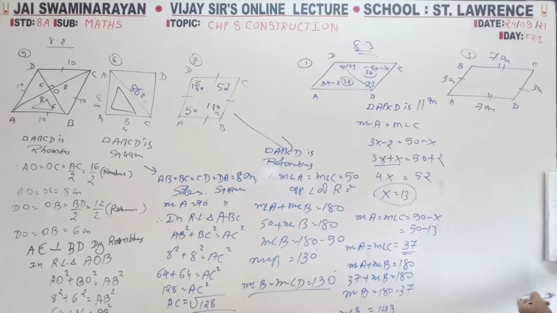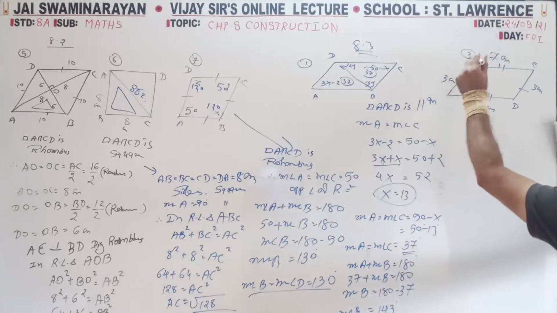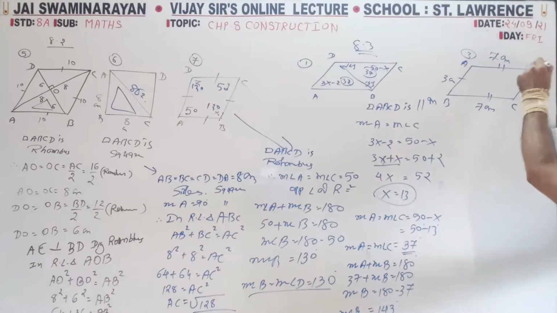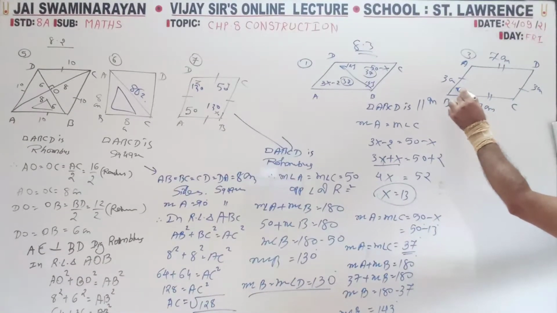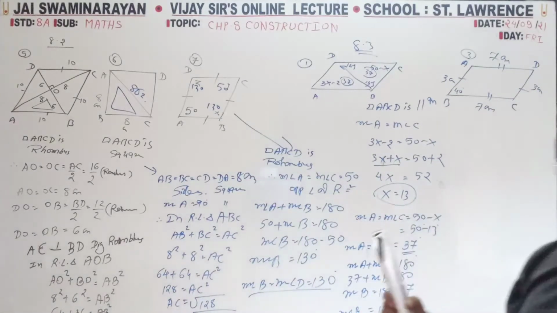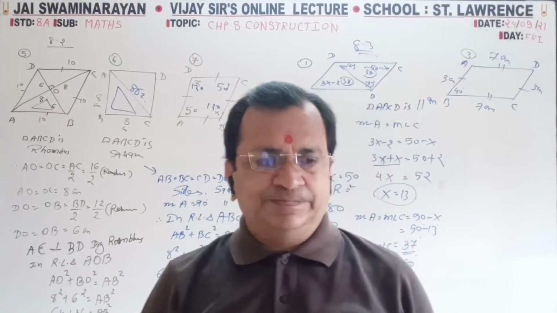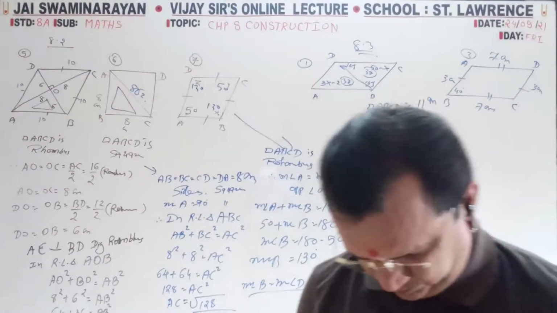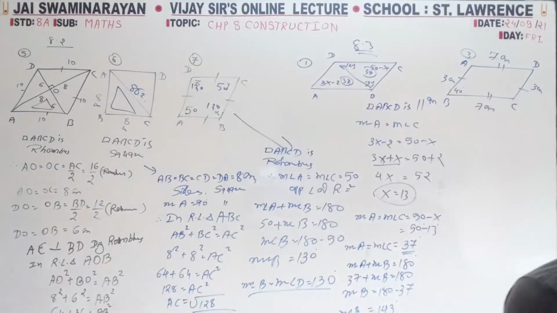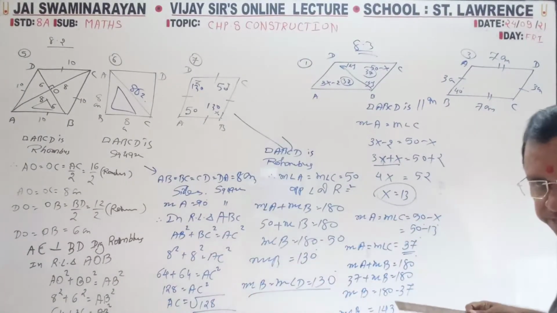So I have to change the number. A, B, C, D. B is given 40 degree. How to start? So first, 7.